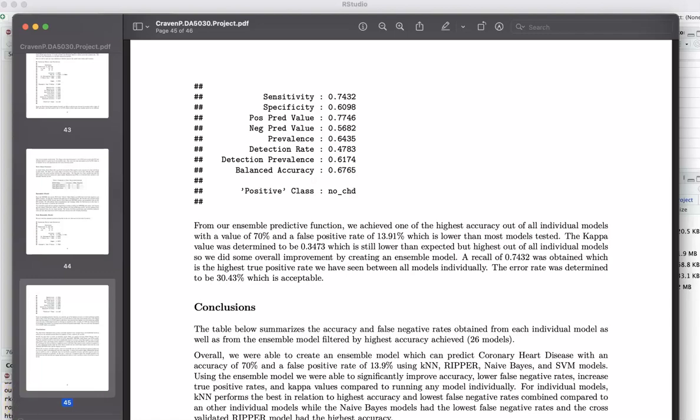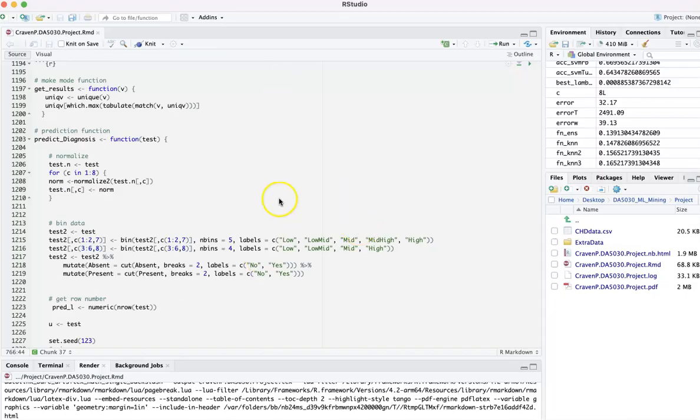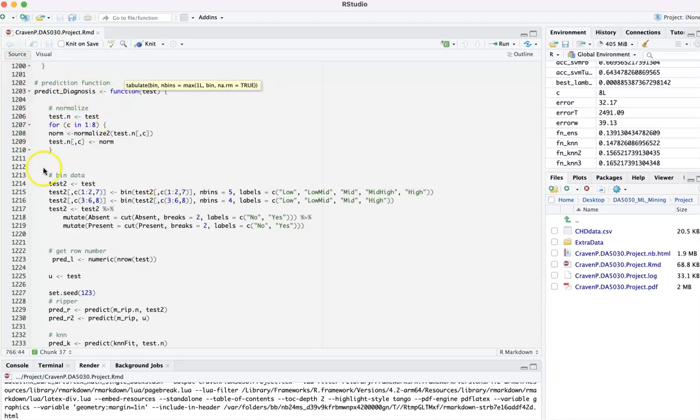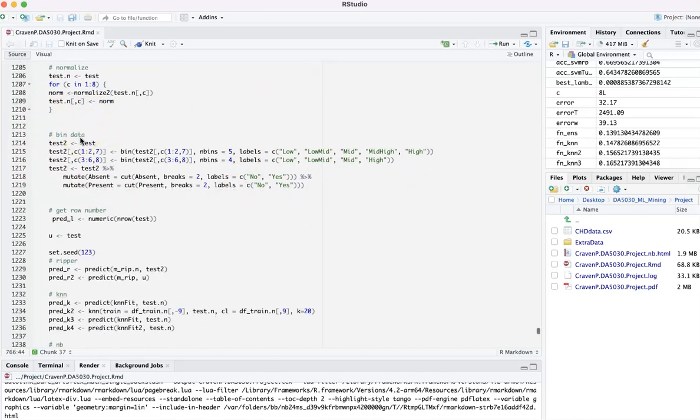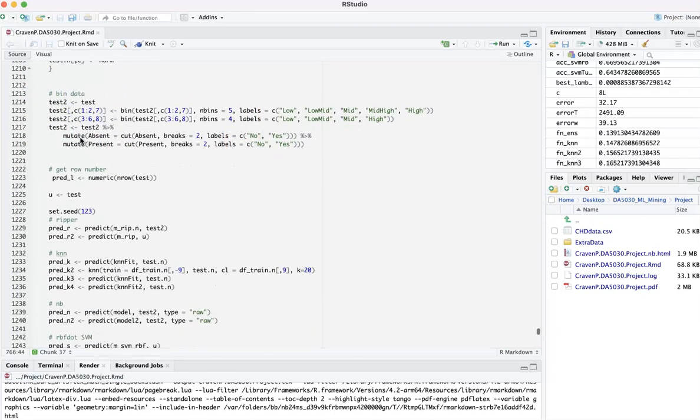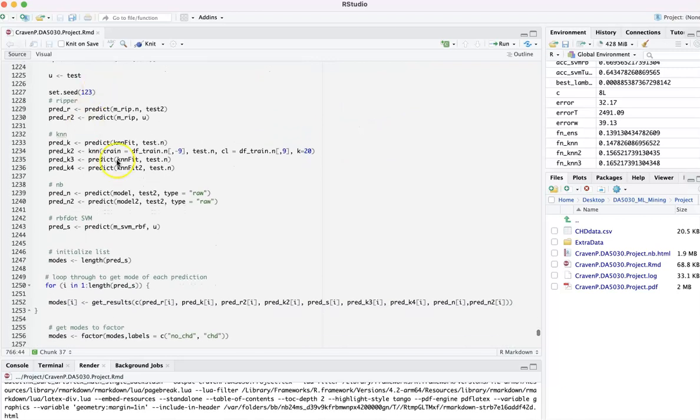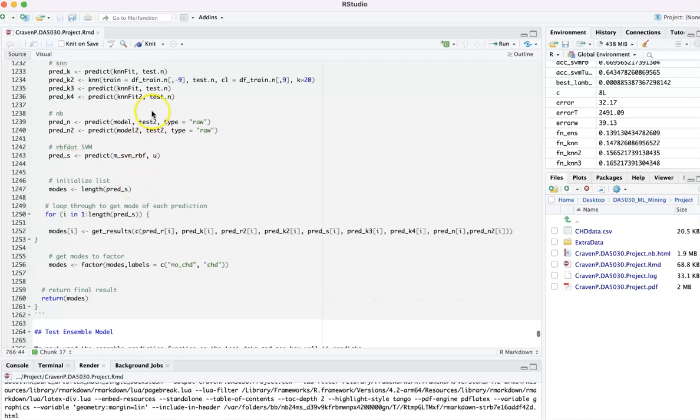Let me just show you the code real quick. So here is the code. I have a mode function, and then within my actual function, I do normalize the data for KNN. I bin the data for my Ripper model and my naive Bayes, and then I call a couple different versions of the Ripper, the different versions of my KNN, of my naive Bayes, and one of the SVM.